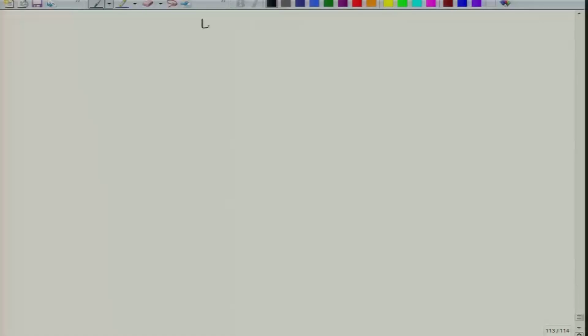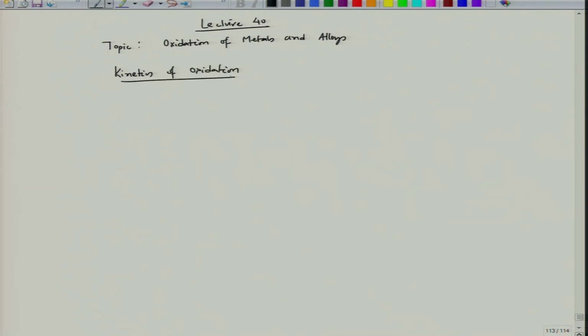of oxidation. Now, lecture 40. So, the topic is oxidation of metals and alloys, and now we will discuss kinetics.